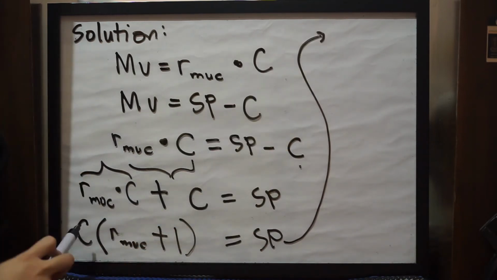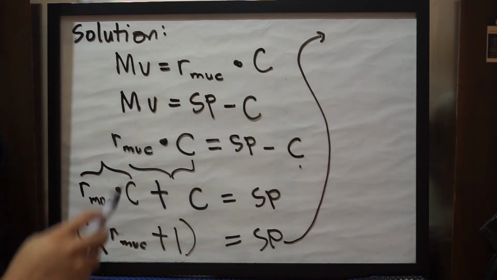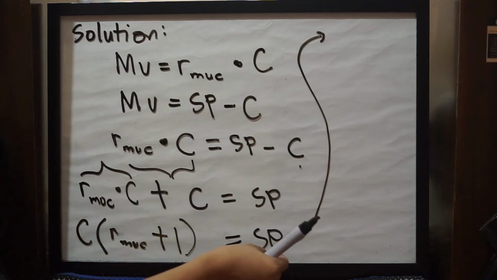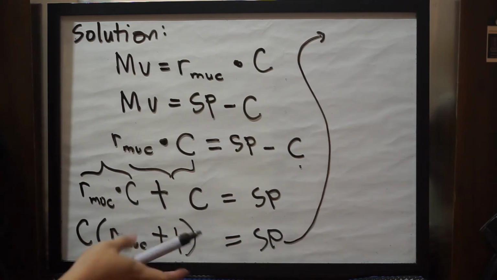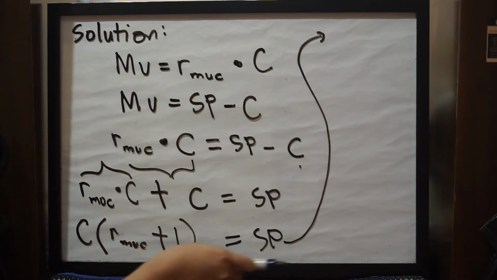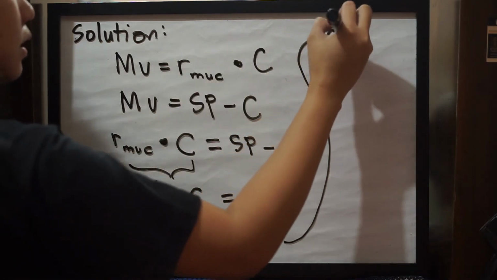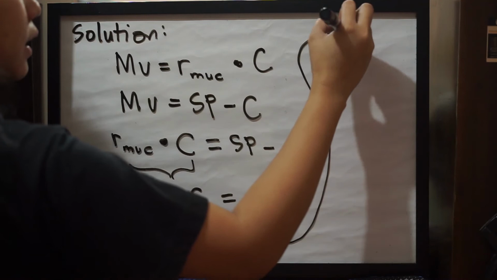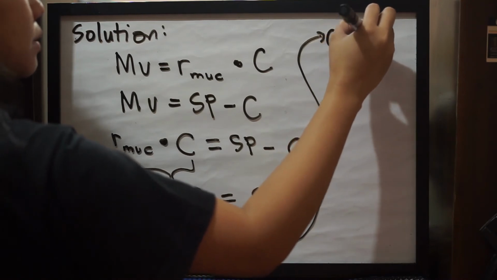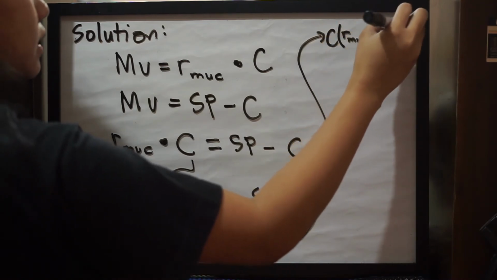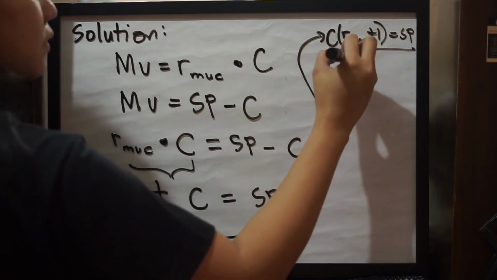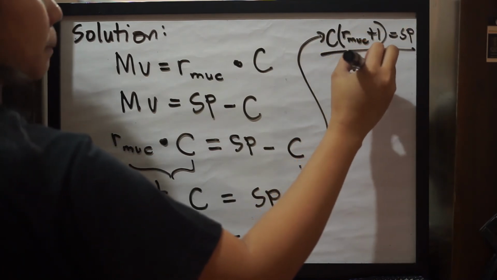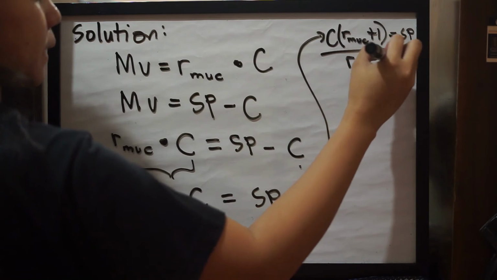Para maiwan yung C sa isang side ng equation, you divide both sides by this term. So, C multiplied by rate of markup based on cost plus 1 is equal to SP. You divide both sides of the equation by rate of markup based on cost plus 1.